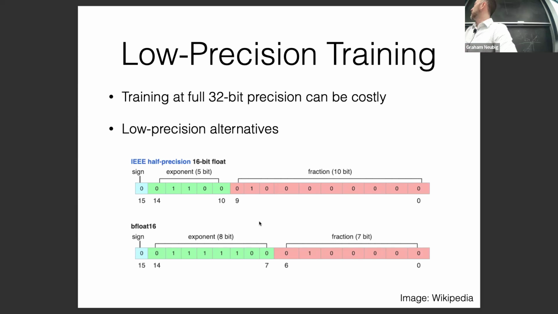This is much more stable with respect to training because you can handle very small numbers and very large numbers better, despite losing a little bit of precision on the fractions. So this is pretty essential, and I would recommend that no matter what you're doing, if you're doing 16-bit, you use this instead. Hardware support for this is pretty good now, like NVIDIA GPUs and other things like that. PyTorch supports it really well.